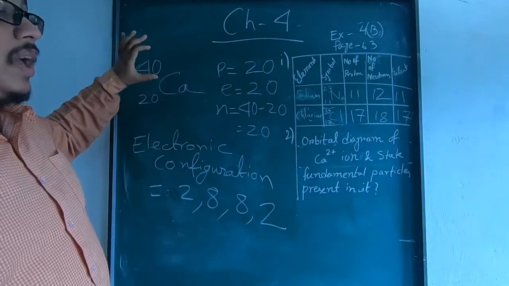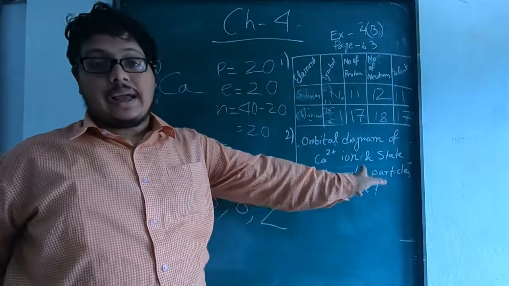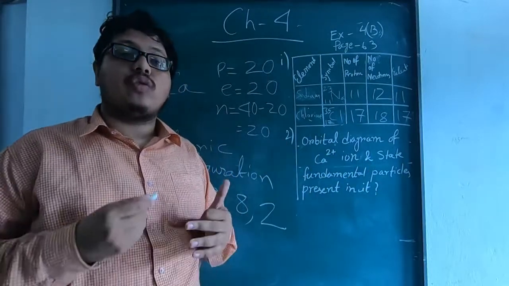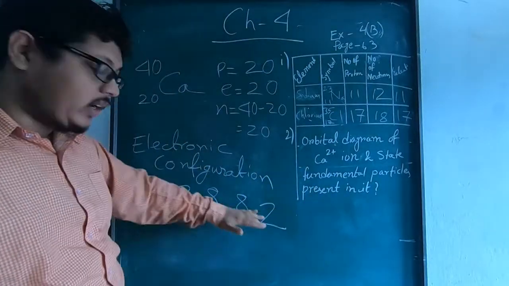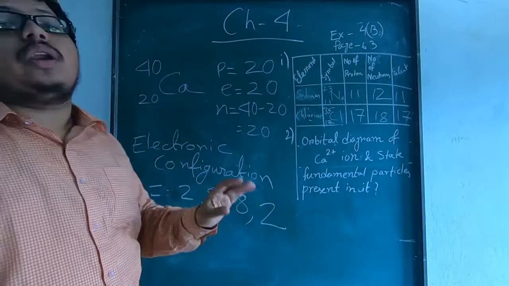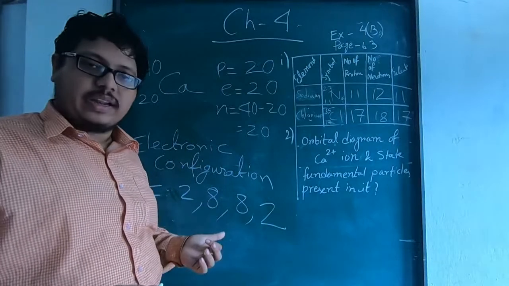This is for the calcium atom. But we are talking about the calcium ion. So if you move to the calcium ion, there are some things that you need to know before we can talk about it. Now the atom is understood, the electronic configuration is understood. Till this much, it is only a revision of what we discussed in the previous class.